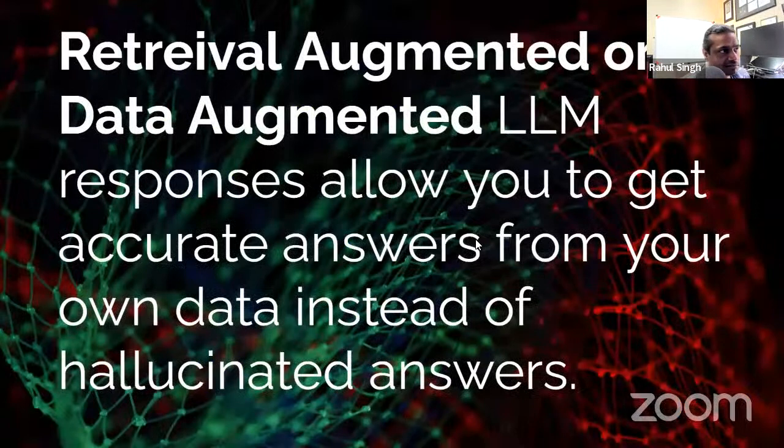So what is retrieval augmentation or data augmentation? It's basically using your data to get an LLM like OpenAI or Cohere or Anthropic or Bard to give you a more accurate answer, because it's your data, it's your facts.